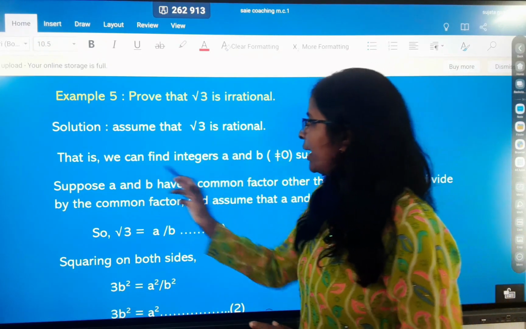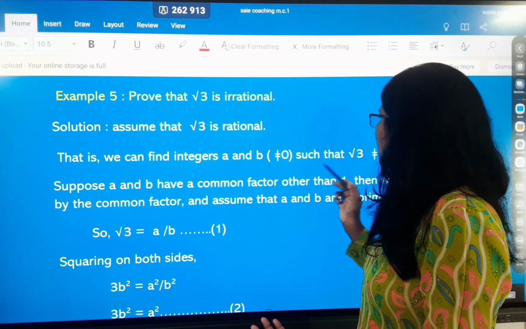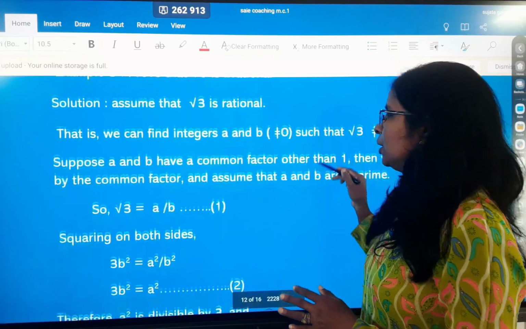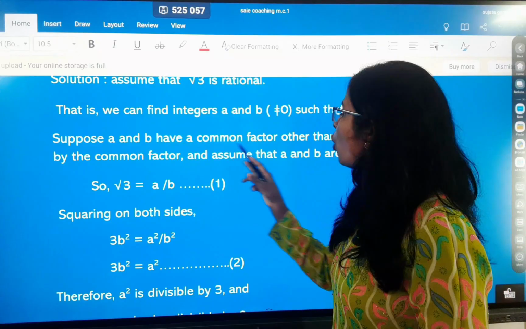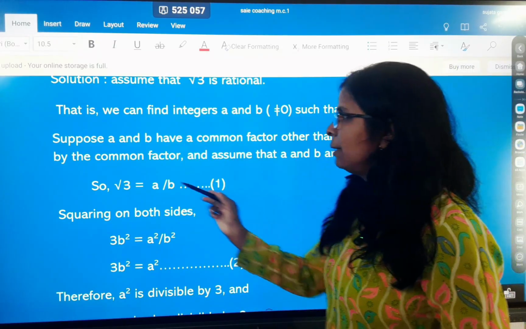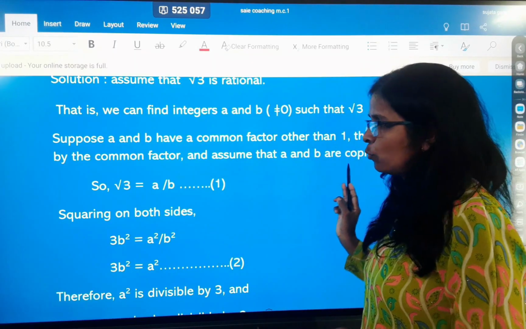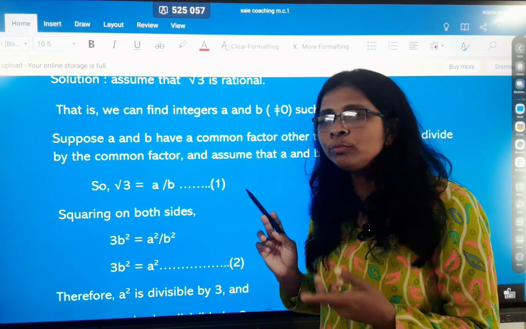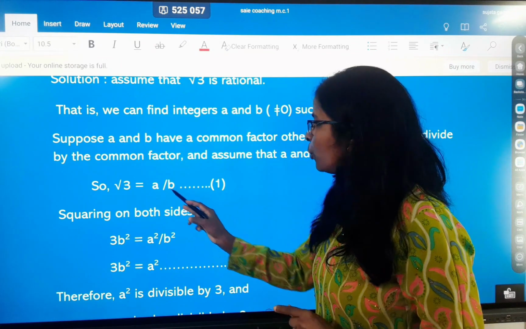So we can find integers a and b, b not equal to 0, such that root 3 is equal to a upon b. Now suppose a and b have a common factor other than 1, then we can divide by the common factor and assume that a and b are co-prime. So here we assume that root 3 is a rational number, so we can write it in the a upon b form.